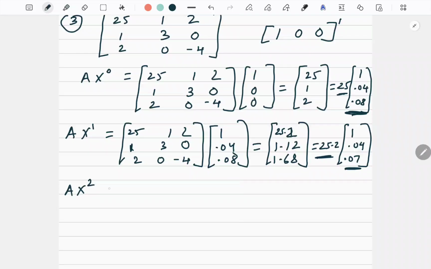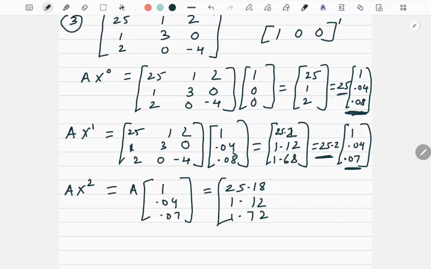So A x2 now I will be doing. So A, and what is my x2 value now? 1, 0.04, 0.07. Now when you multiply this, you will get 25.18, 1.12, 1.72. Right? So now since 25 is repeating, I'll take 25 out, and sometimes you will feel it is not going close.